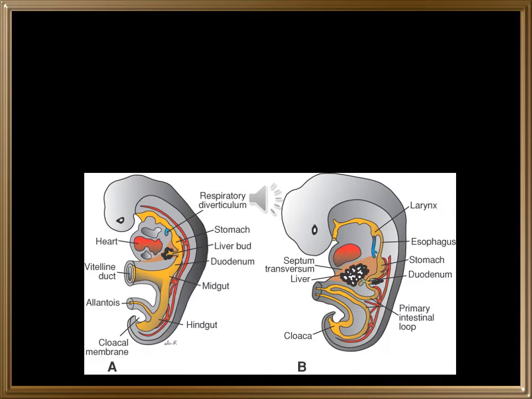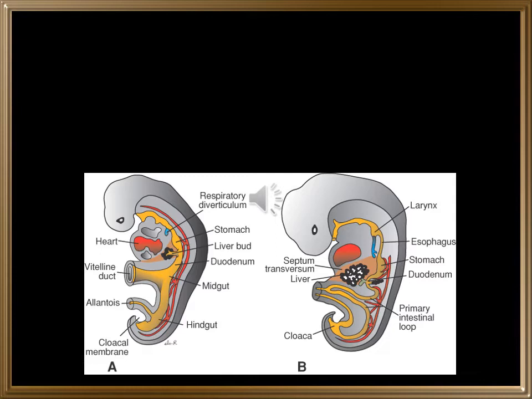The midgut portion is supplied by the superior mesenteric artery, and the hindgut will be supplied by the inferior mesenteric artery. Foregut means all those structures which are derived from the foregut shall be supplied by branches of the celiac trunk.